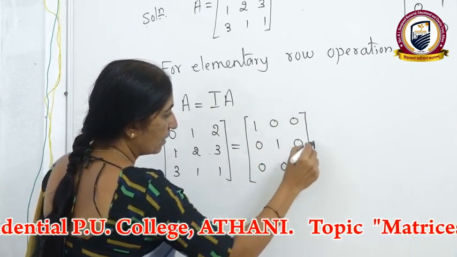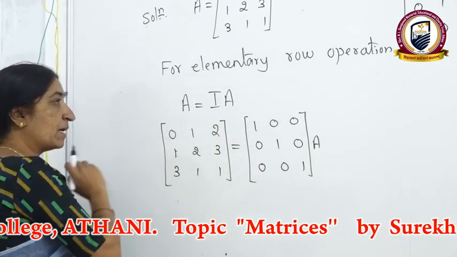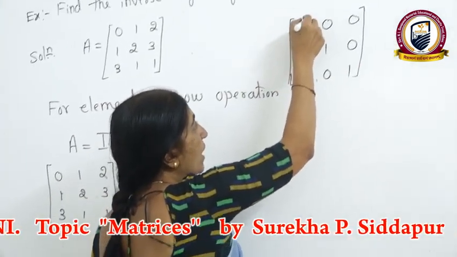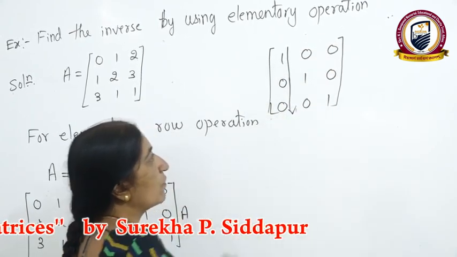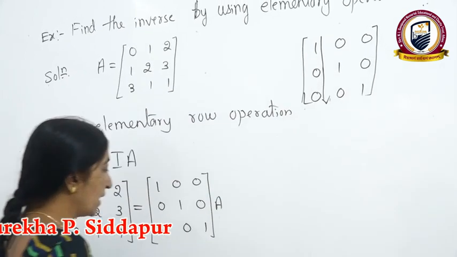Then A as it is. And for our reference, you know that the left side matrix will be converted into the form of the identity matrix, and we are moving in this direction. Like this we have to move, the first column in that direction.